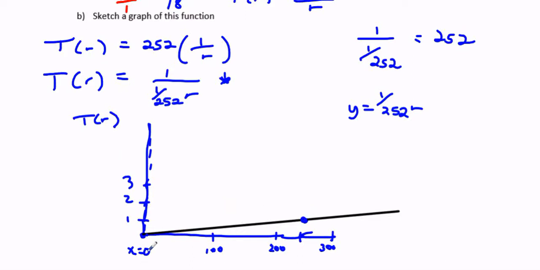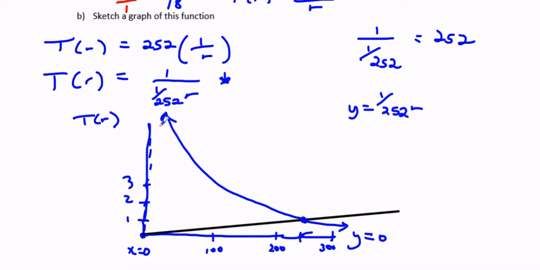I've got these asymptotes at y equals 0 and at x equals 0, so I know this is a graph that's going to approach the vertical asymptote and approach the horizontal asymptote. It's not going to cross the y-axis, and it's not going to cross the x-axis.